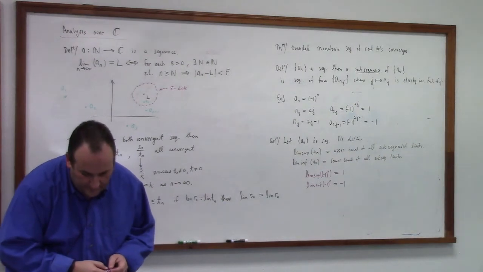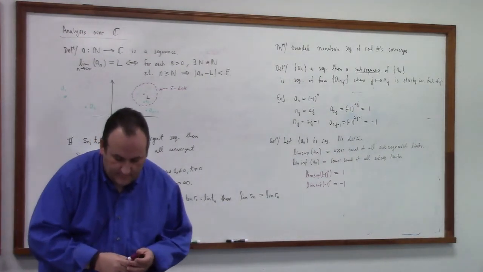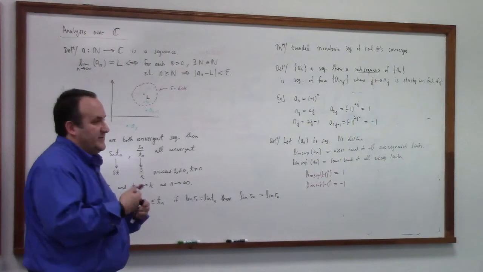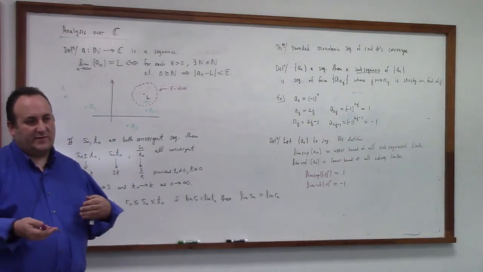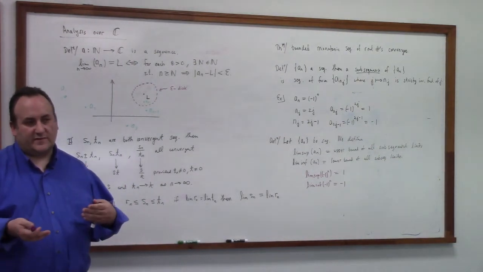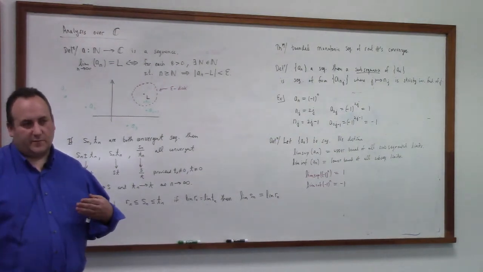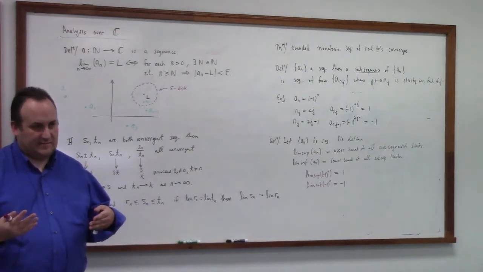All right. And so the point of subsequential limits, like looking at subsequences of a sequence, is mostly a tool for proving the limit doesn't exist.